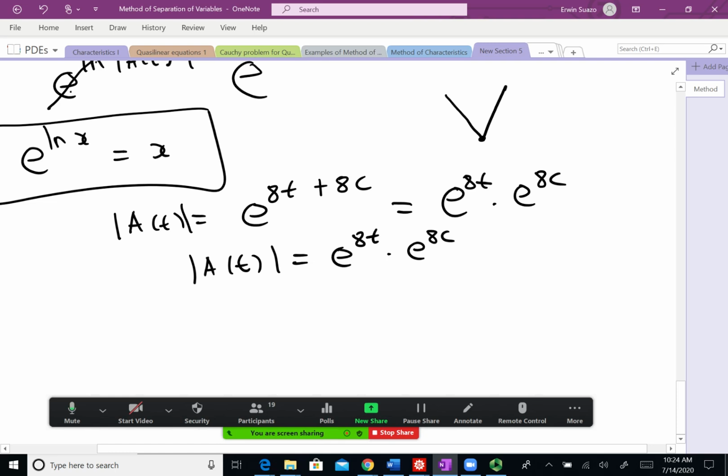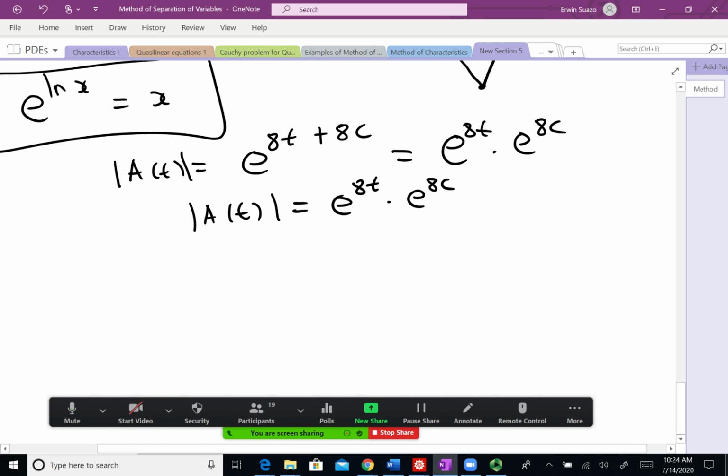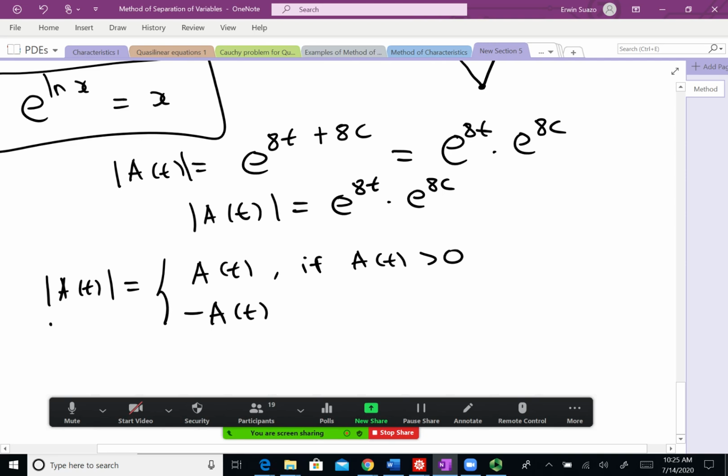But the absolute value, depending on the value of t, A of t is positive or negative, right? The absolute value of A of t is telling me it is A of t if A of t is positive, or minus A of t if A of t is negative.